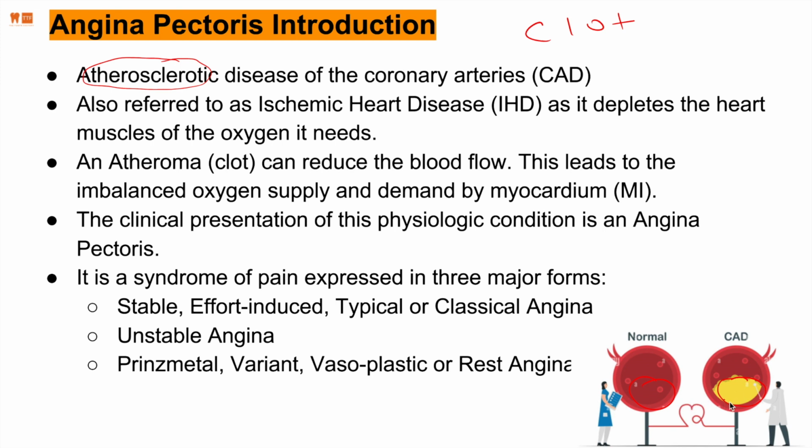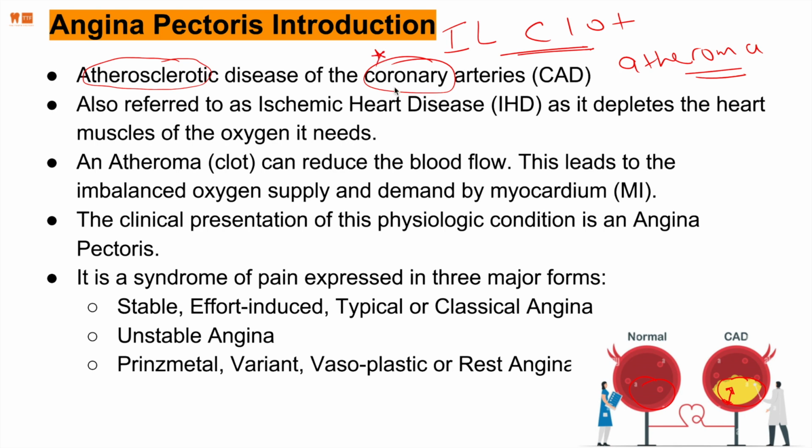It attaches to the lining and then grows towards the lumen. Therefore, it's known as an intraluminal clot or atheroma. So it is an atherosclerotic disease of the coronary arteries.